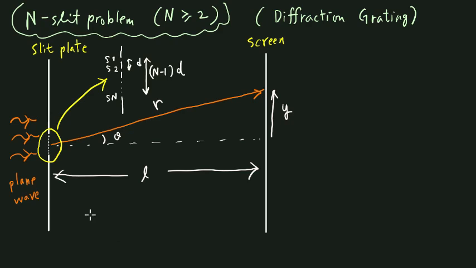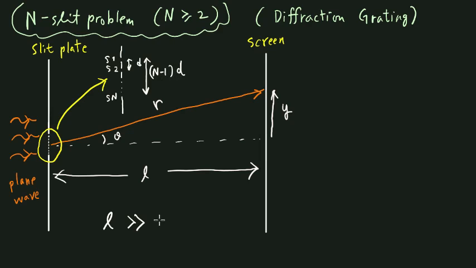You may recall there is a major assumption of this kind of scattering experiment, and what is that assumption in this case? That assumption is L is much greater than the size of the scattering object. That scattering object has dimension (n minus 1)d in this case.